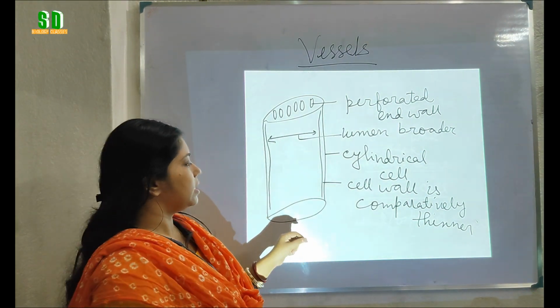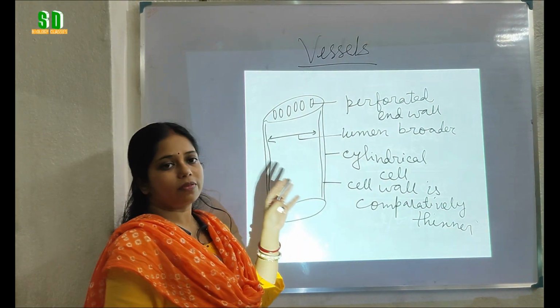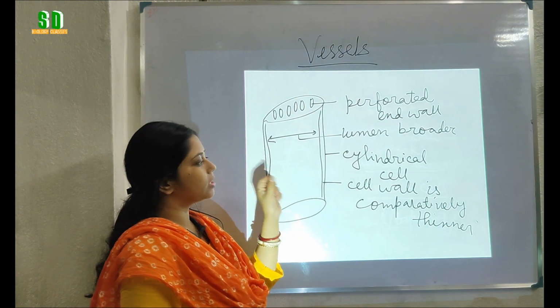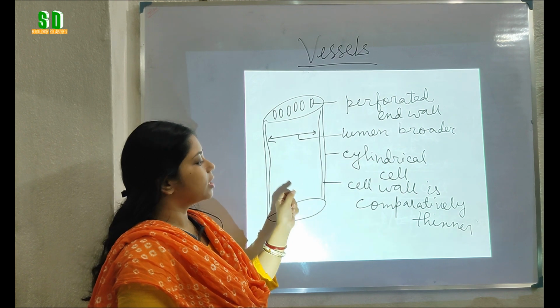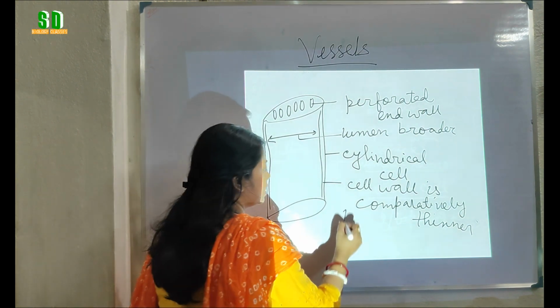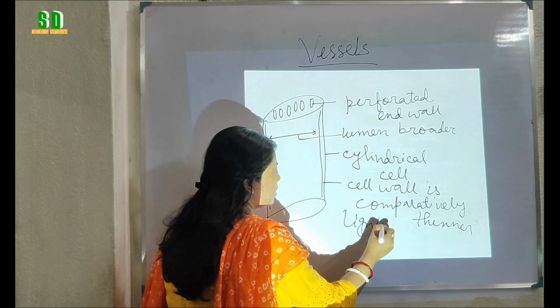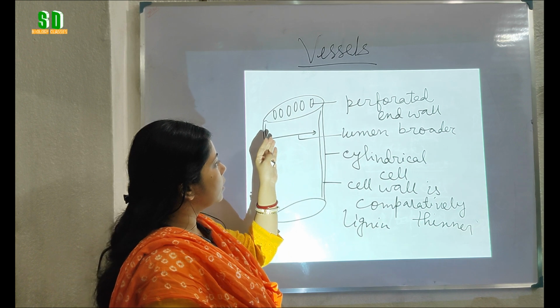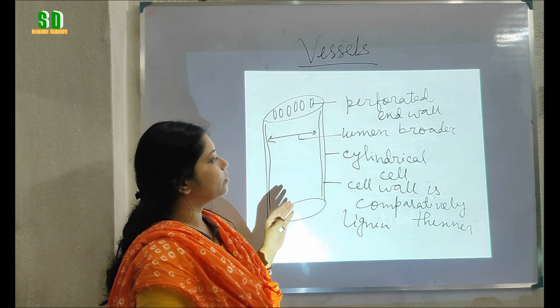Here we will see that each and every cell of the vessel member is cylindrical in cell shape. The cell wall is comparatively thinner. Here also it is made up of lignin in addition to cellulose, and the lumen is comparatively broader.